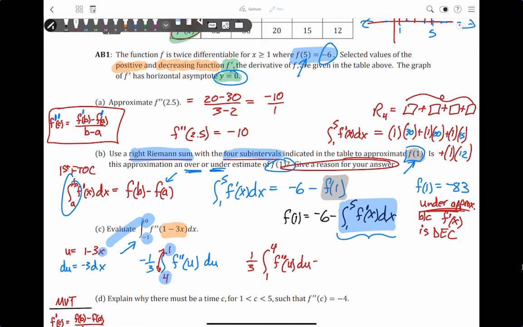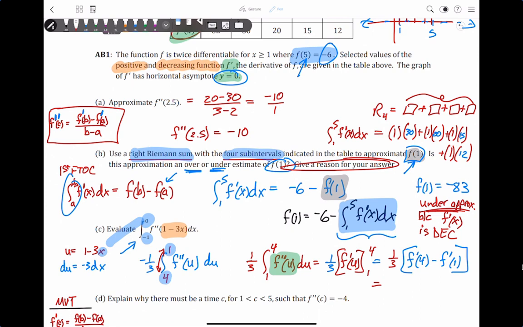And now I'm ready to integrate because I have this variable, if you will, with a +1 coefficient. The antiderivative of f double prime of u is just f prime of u. We will evaluate this from 1 to 4. And then we will apply the constant multiple rule, that 1/3, at the very end. So let's see, what is f prime at 4, subtracting f prime at 1, and then we will multiply this by this constant of 1/3.